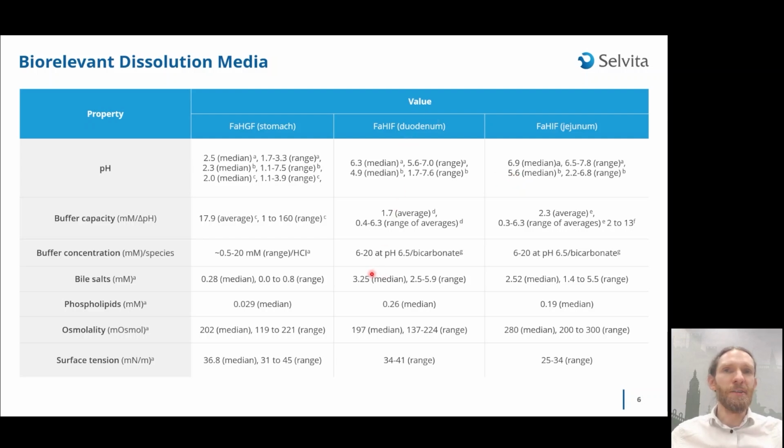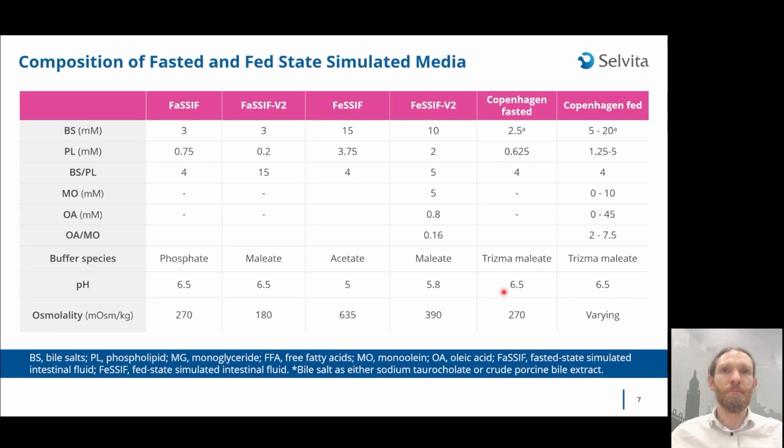What's markedly different here is also the concentration of bile salts and phospholipids. The infusion takes place in the duodenum. So after the duodenum and in the jejunum, our more lipophilic drugs can have support in being solubilized with the introduction of bile salts and phospholipids.